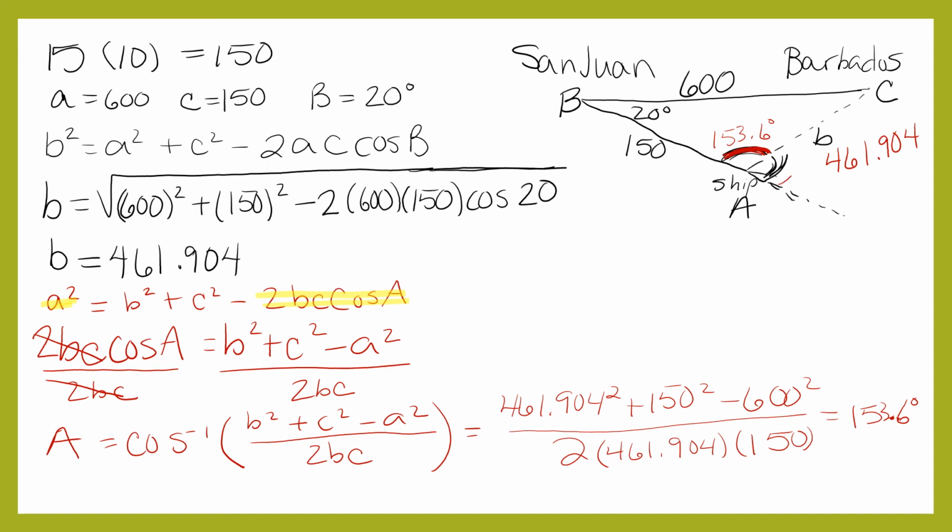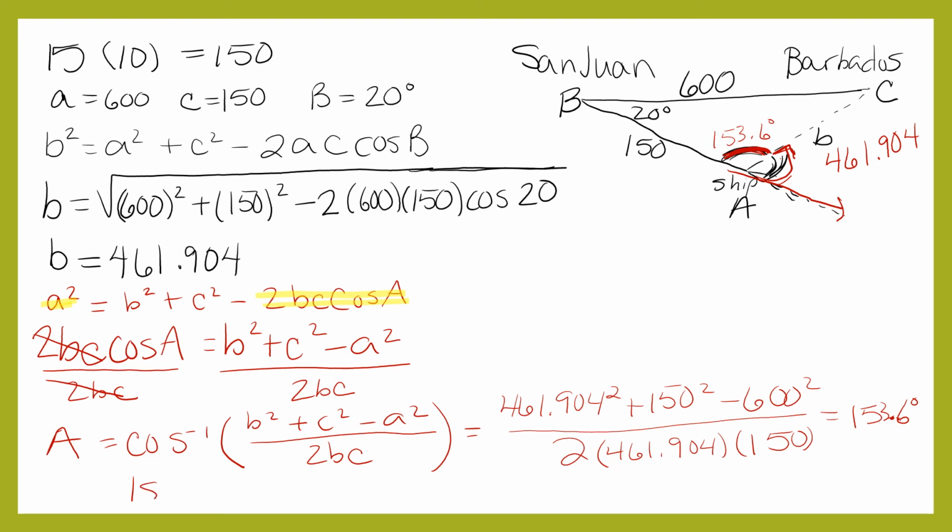Now the ship is headed in this direction, and what I want to know is how much does it need to turn. So I need to subtract 153.6 from 180 to know what this angle would be here.